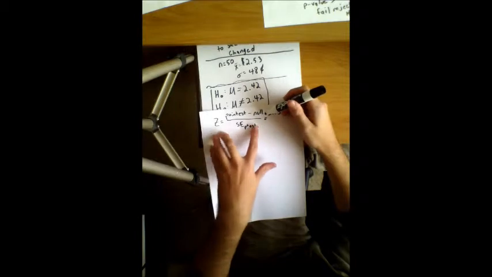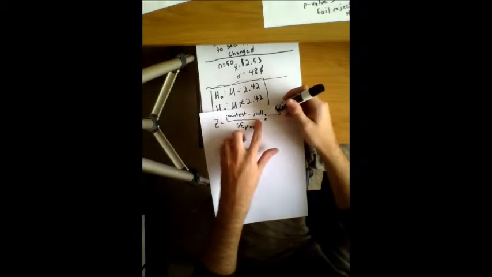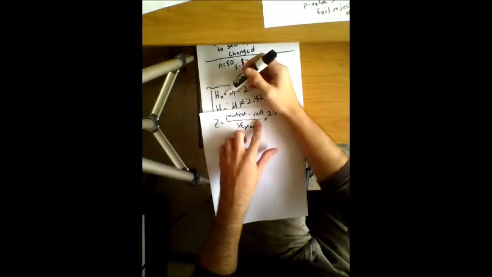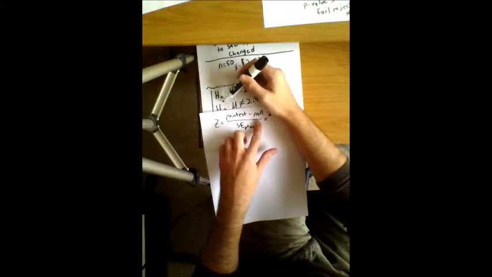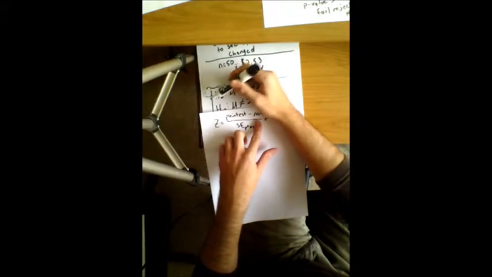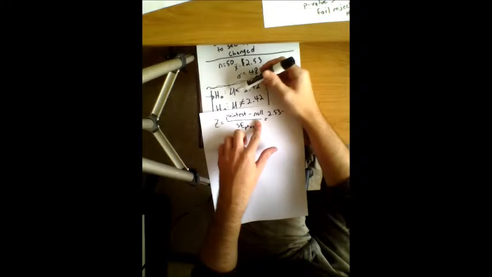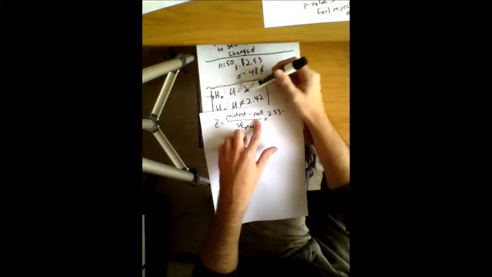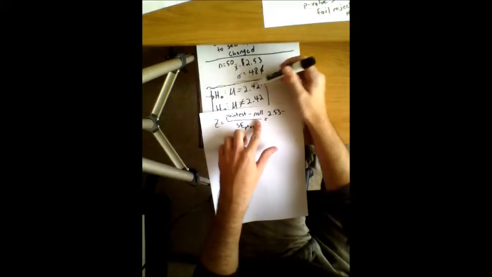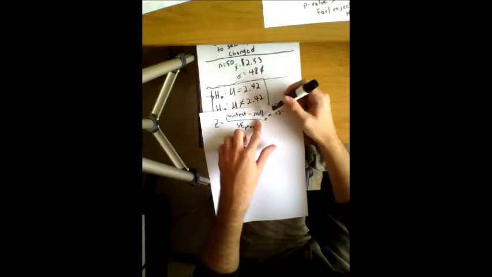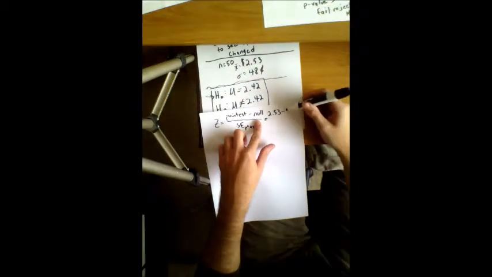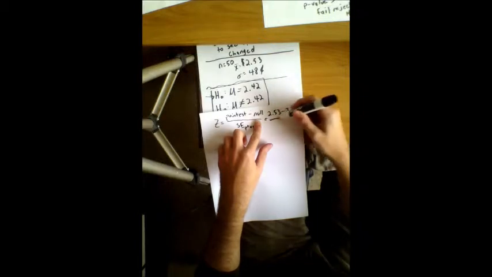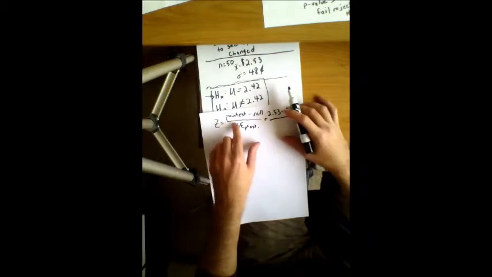The null value, here's where I'm going to explain this. The null value comes from the null hypothesis. So we look at the null hypothesis, we see that it was $2.42. Whatever's on the other side of this equal sign, that's your null value. So we'll fill that in as minus 2.42, all divided by the standard error of this point estimate.